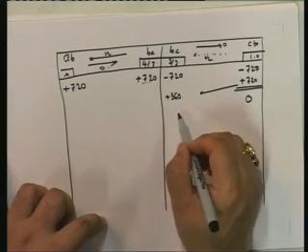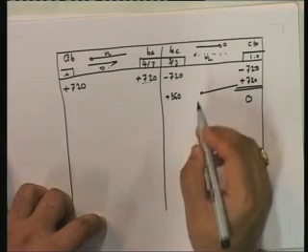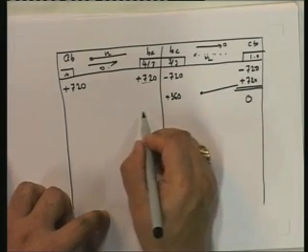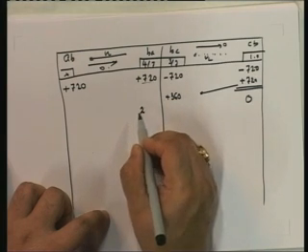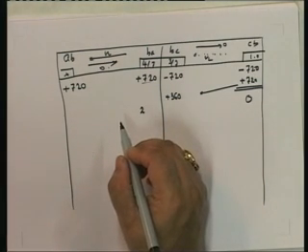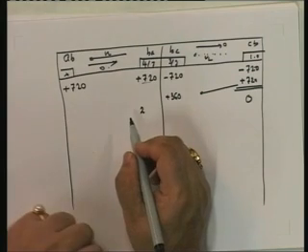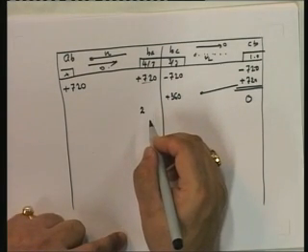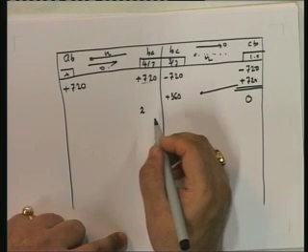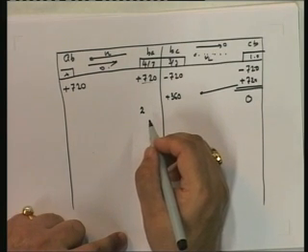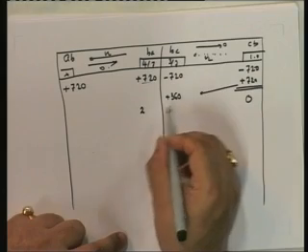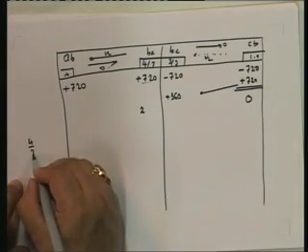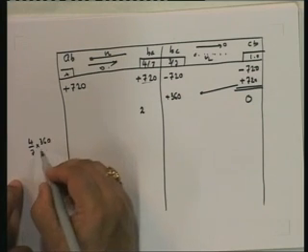This has to be divided as 4 upon 7 of 360. Plus 360. So 4 upon 7 of 360.